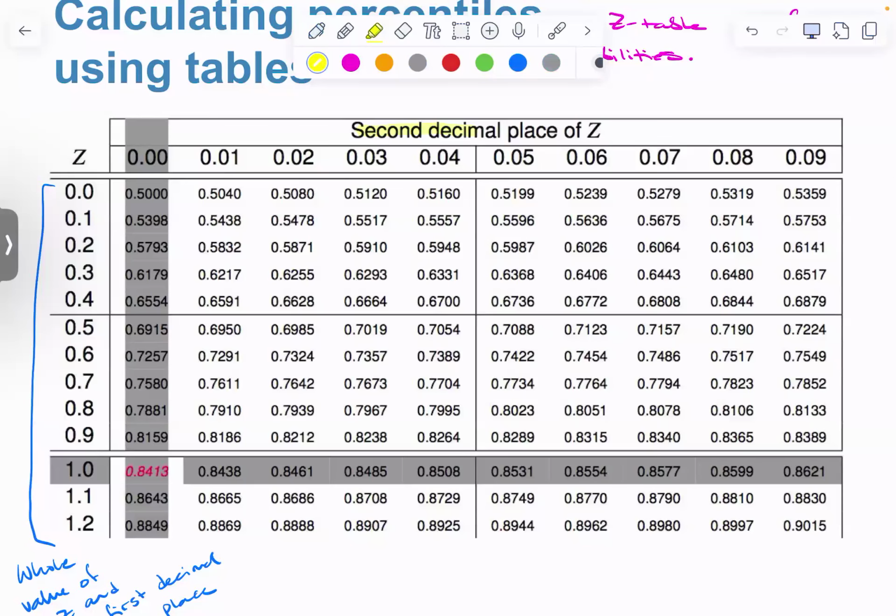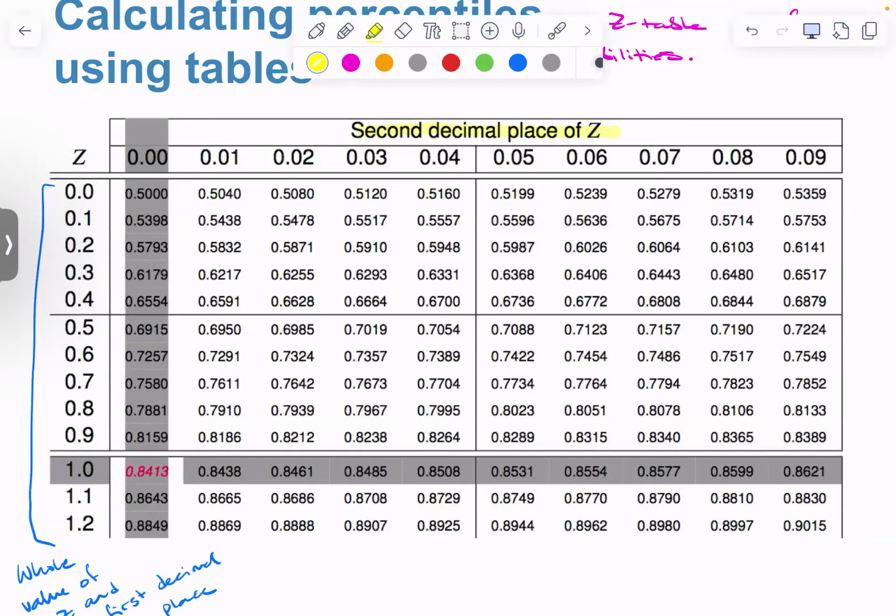And then up top, we have the second decimal place. If we're using the table, then that means we have to round our Z to 2 decimal places in order to match the table. Whereas, of course, if you're using software, you don't have to do that. You lose accuracy by rounding, so you don't want to do that. But if you're using the table, you do have to round properly.